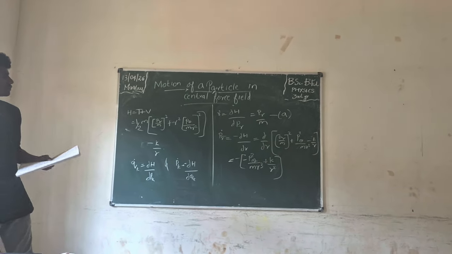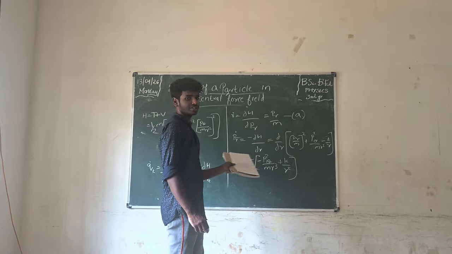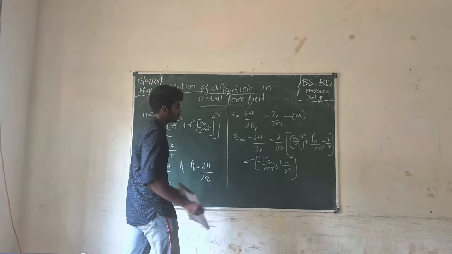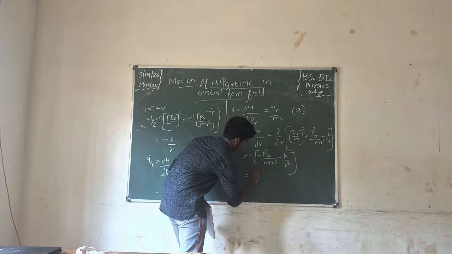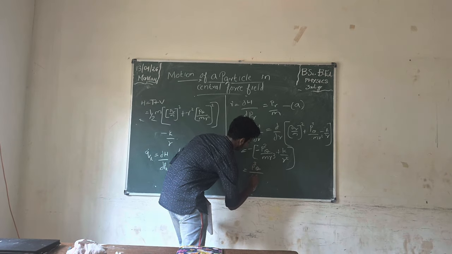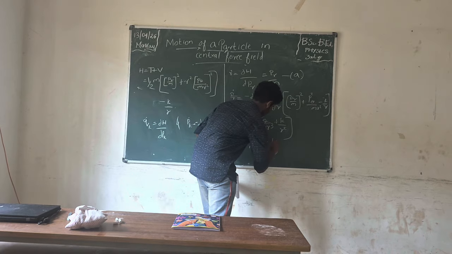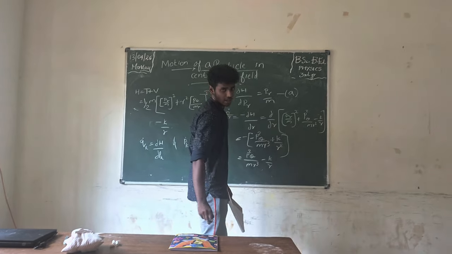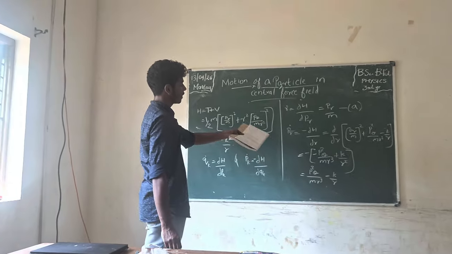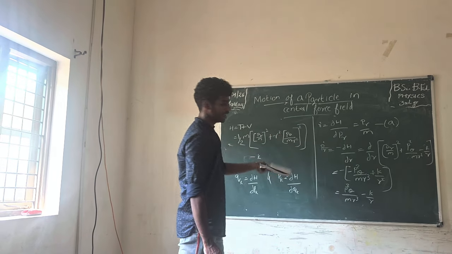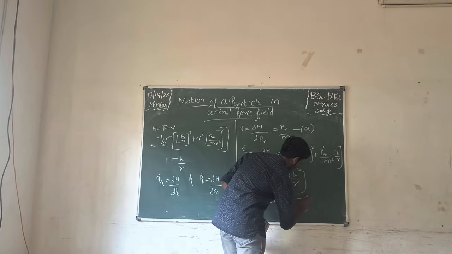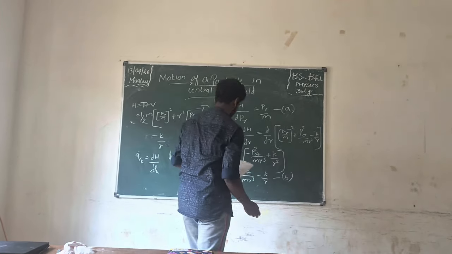Okay. Here, if we take the minus inside, it will become P square theta by m r cube minus k by r square. So this is the value of PR dot. Let's consider this as equation B.